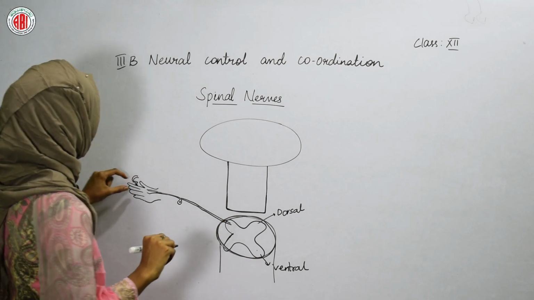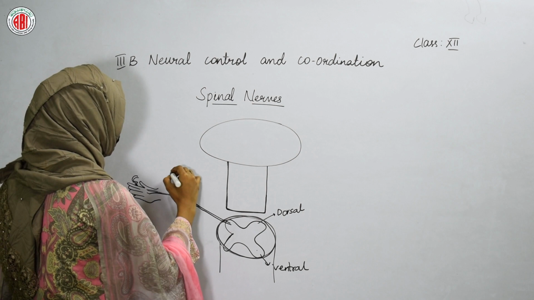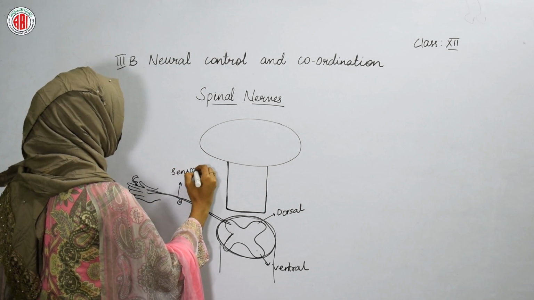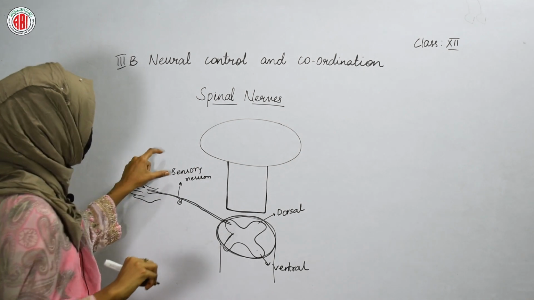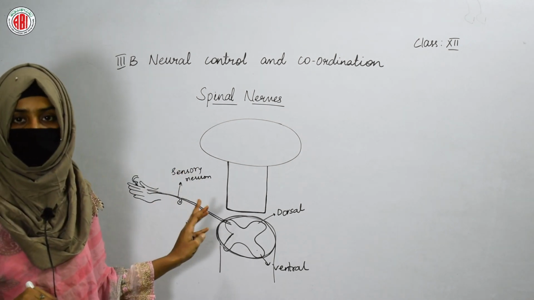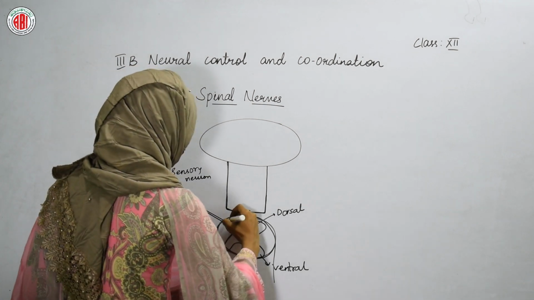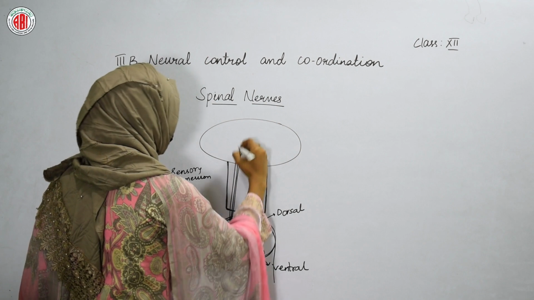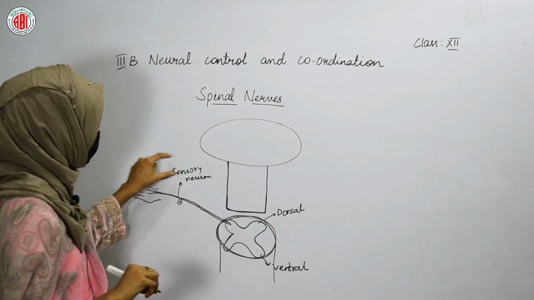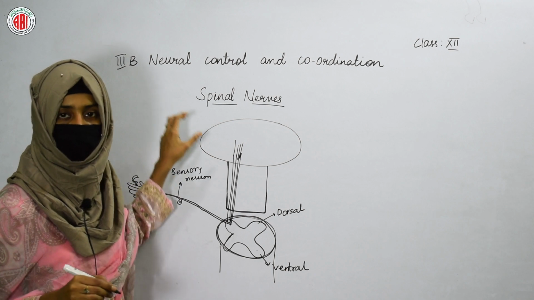When the information is sensed and carried by the sensory neuron to the dorsal horn, then from the dorsal horn, the group of axons reaches the main part of our central nervous system, that is our brain.